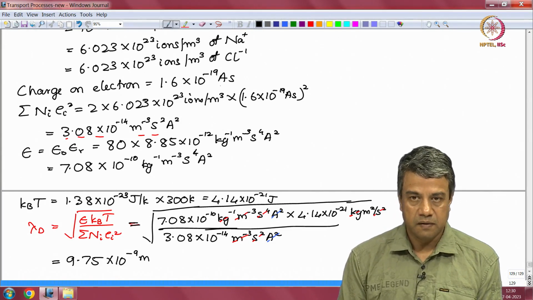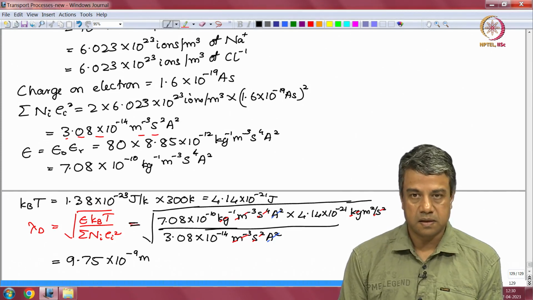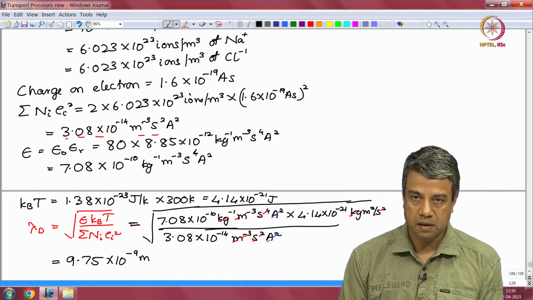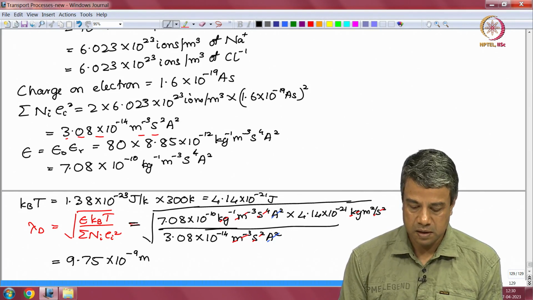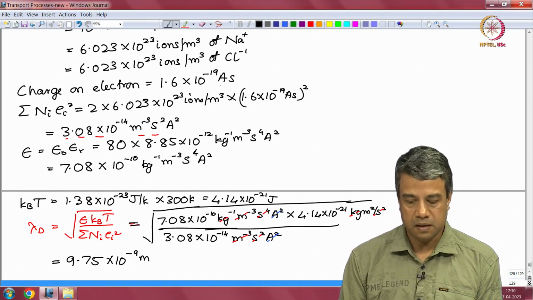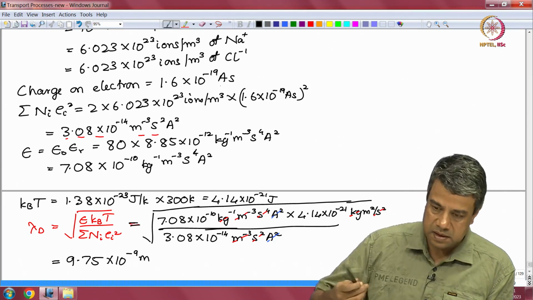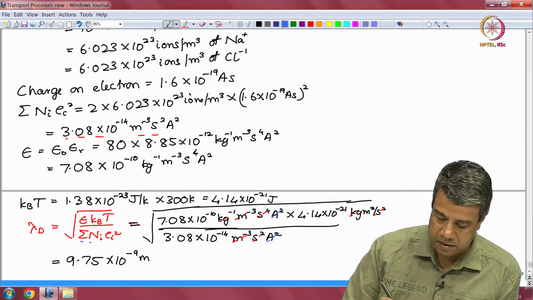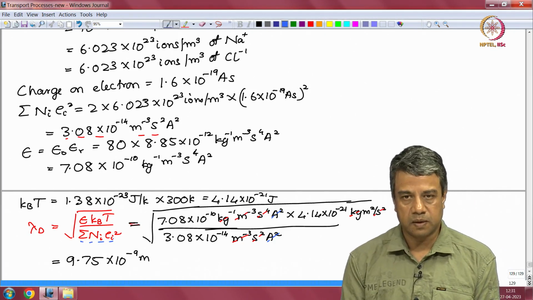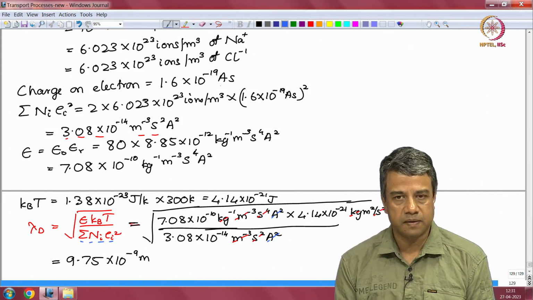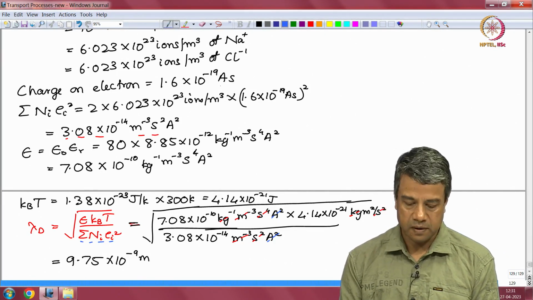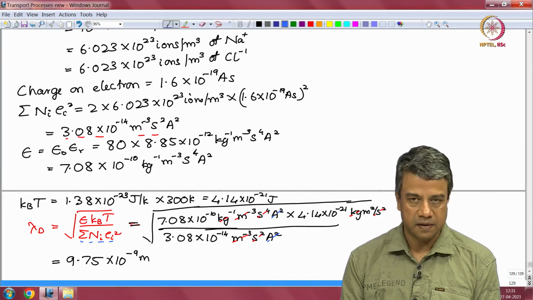If I take a higher concentration of ions, say 0.1 molar solution, then the denominator will increase by a factor of 100, because going from 1 millimolar to 0.1 molar. Therefore the value will decrease by a factor of 10.